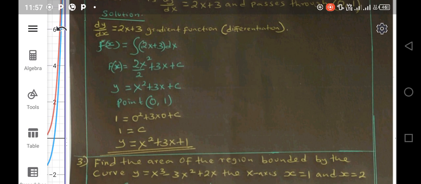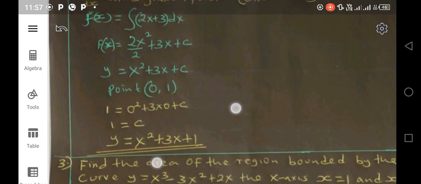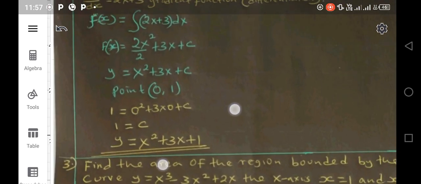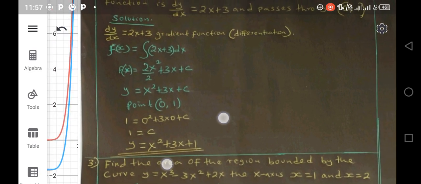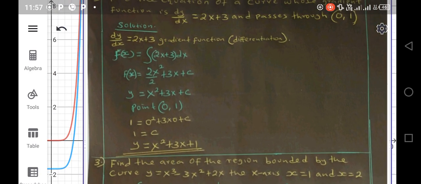So we say that the reverse of differentiation is what we call integration, and vice versa. So we have done integration, and we have found the function that we're going to plot on our graph. The function that we're going to plot on our graph is y is equal to x squared plus 3x plus 1.